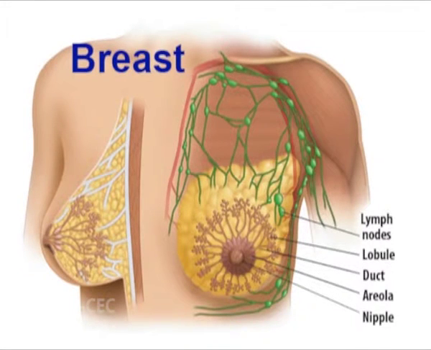The two breasts are located on the left and right sides of the thoracic region of the body. The areola, a thickened, highly pigmented band of skin that surrounds the nipple, protects the underlying tissues during breastfeeding.